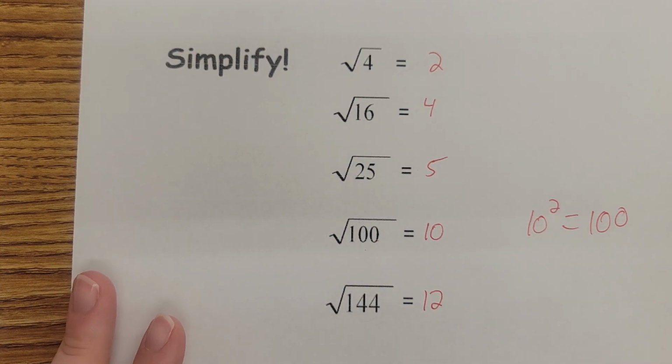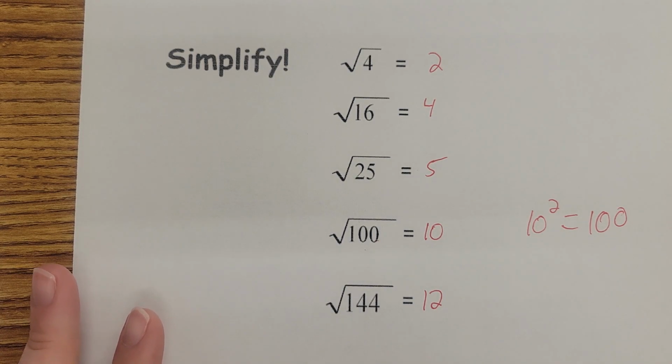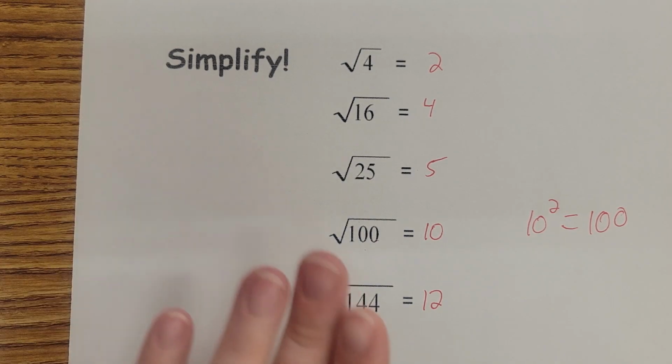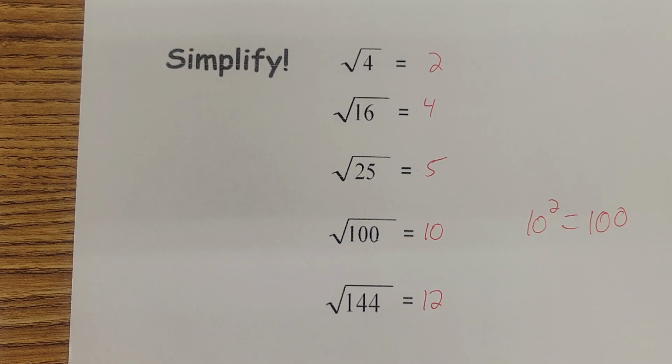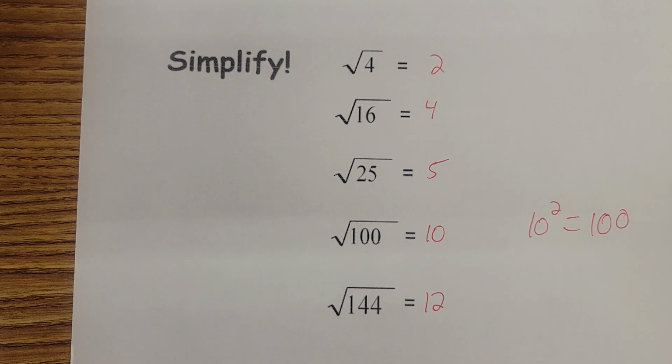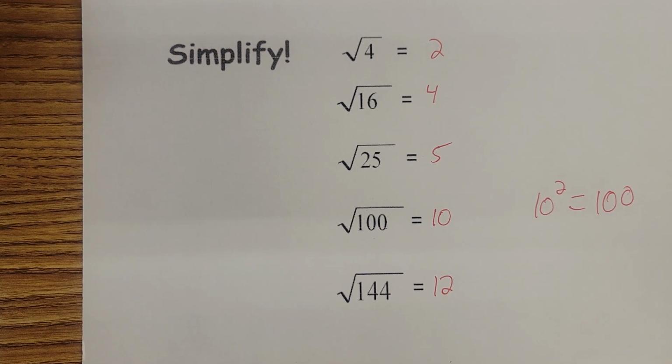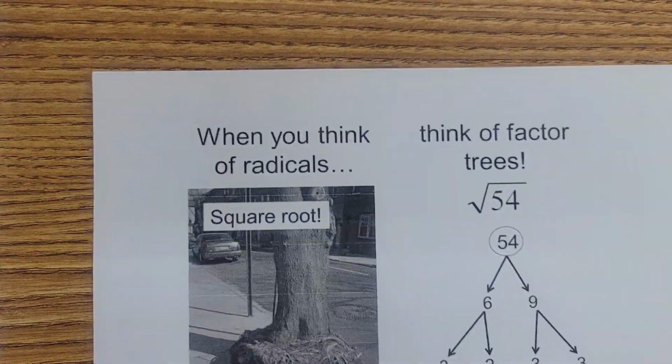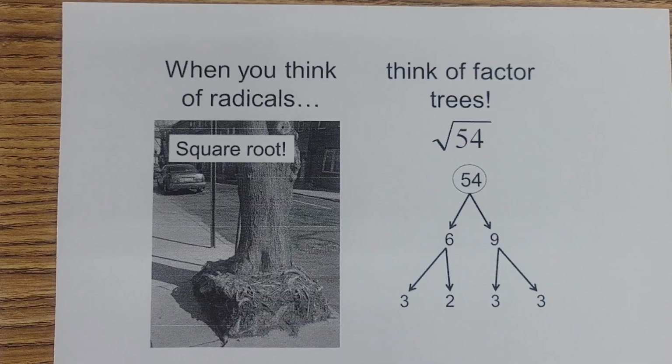Now, we will be putting answers in what's called simplified radical form. So even if they're not perfect squares, even if they're not on that list that I gave you, we're going to simplify things. We're going to shrink the thing under the radical, the radicand, down and make things look a little nicer, but without decimals.